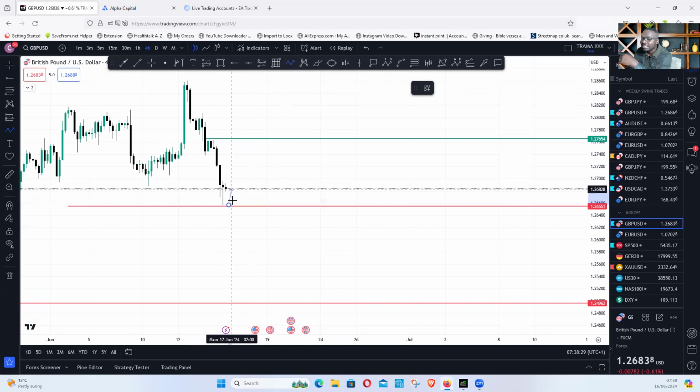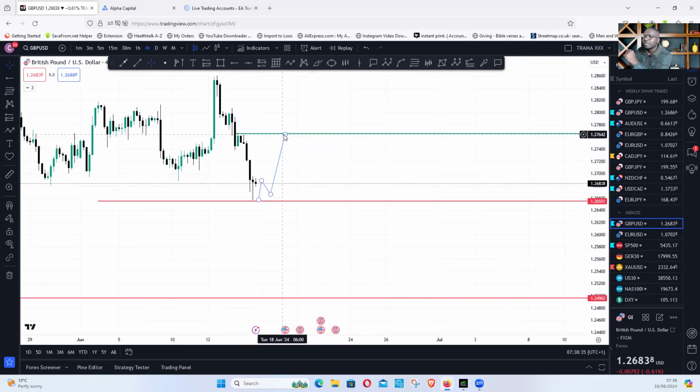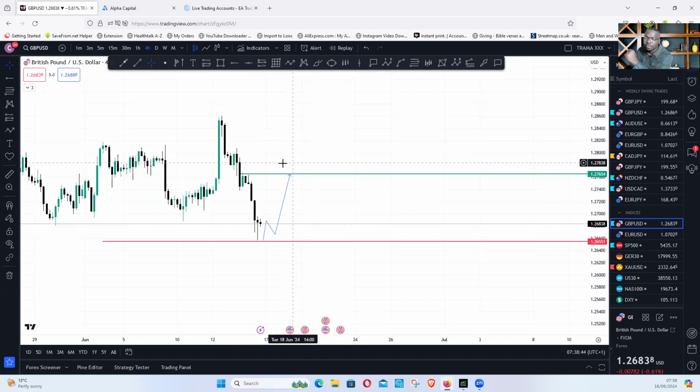If price rejects again here, I will look for a buy. That's the number one sign. And I will take my TP here because I'm anticipating that price may reject it, or alternatively, it may push higher and break the high. Who knows? If it breaks the high, we'll continue to the upside.